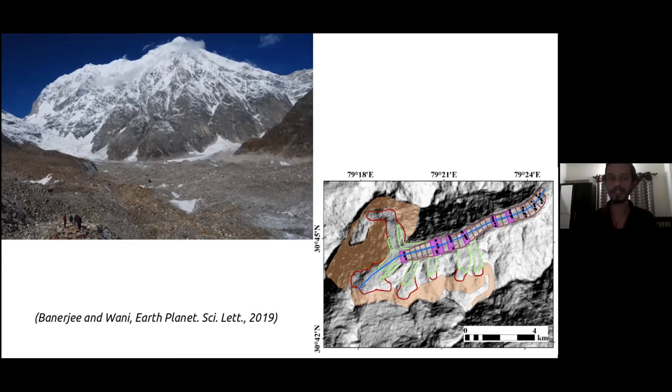We also monitor the stake position, so we know the flow rates. These are the basic measurements, and we are also measuring the discharge of the river to the extent we can, because the river also moves around quite a bit.